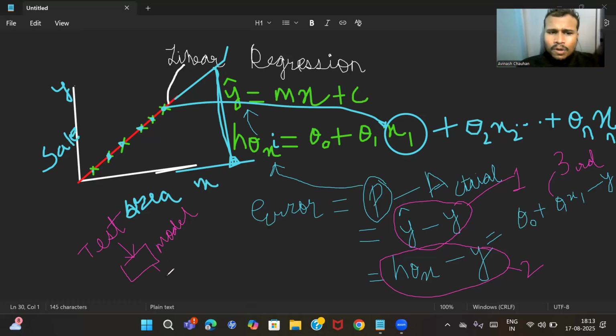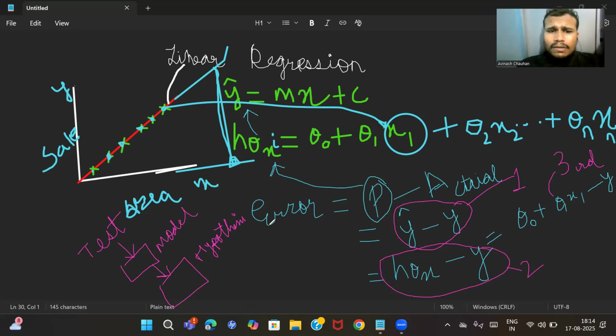And again, this model we pass through the hypothesis, right? This is our hypothesis. So what is meant by hypothesis, right?